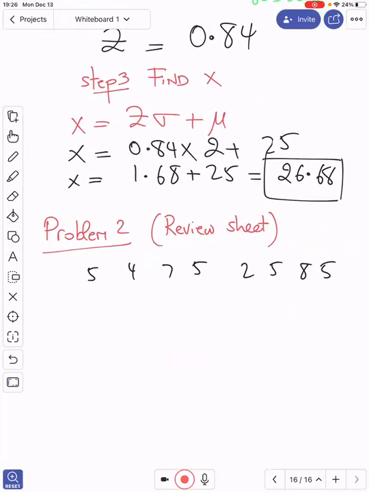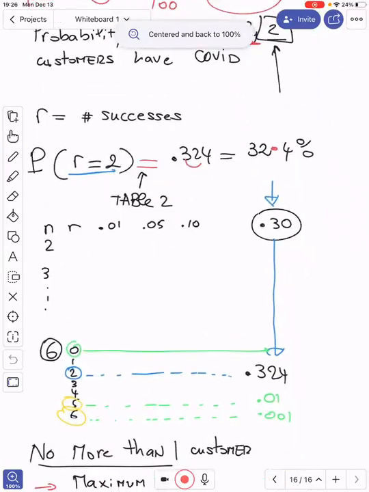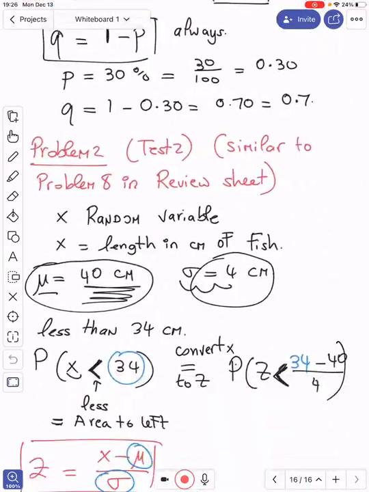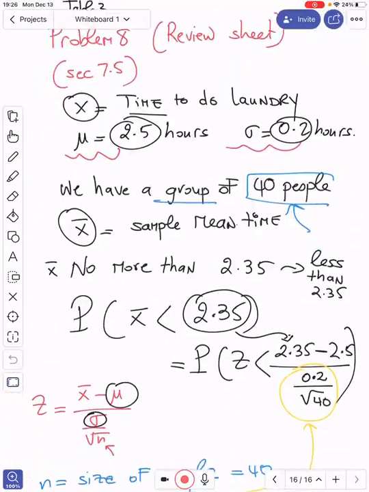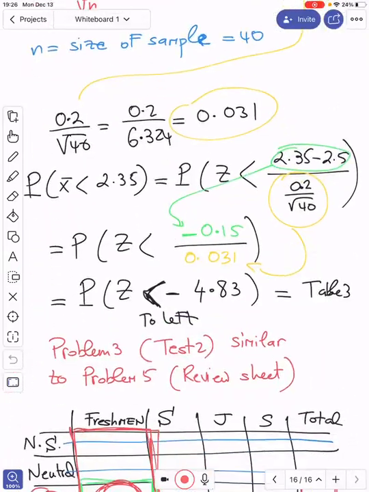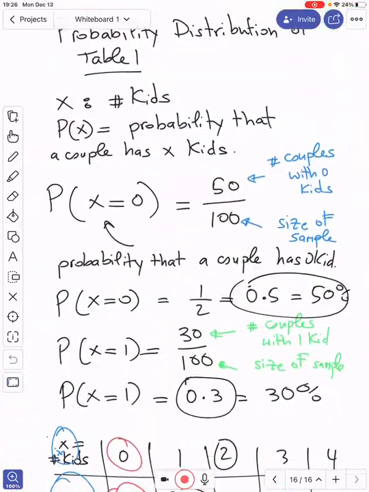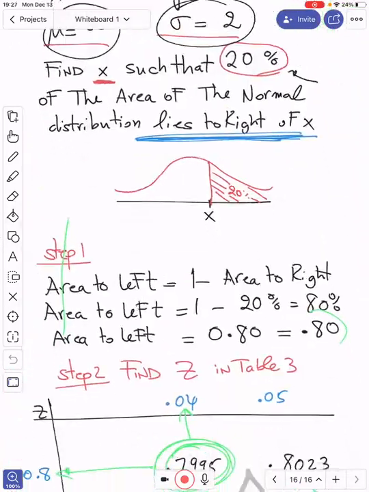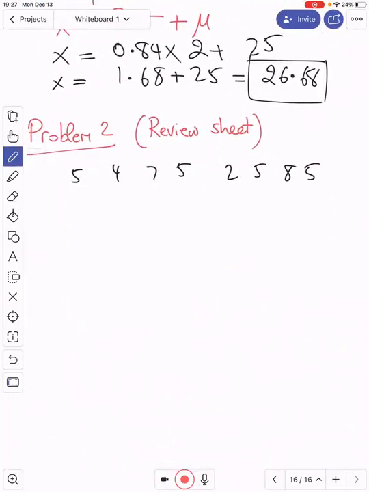So we need to find the mean first. I guess you know how to find the mean, right? Sorry about that, I think I wrote a lot here. Anyway, yes, sorry about that.